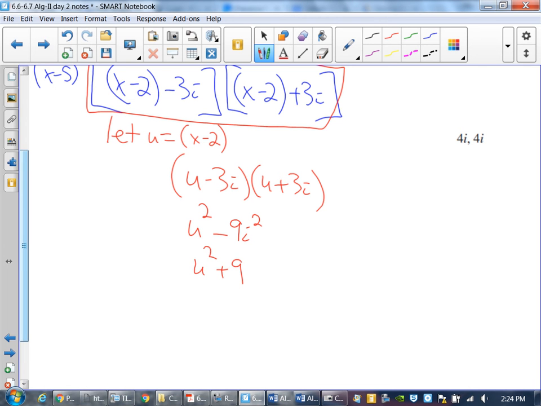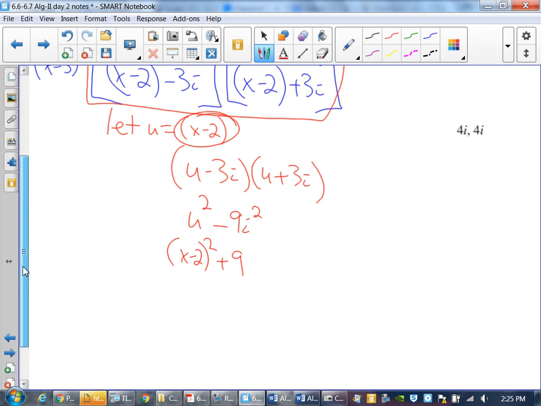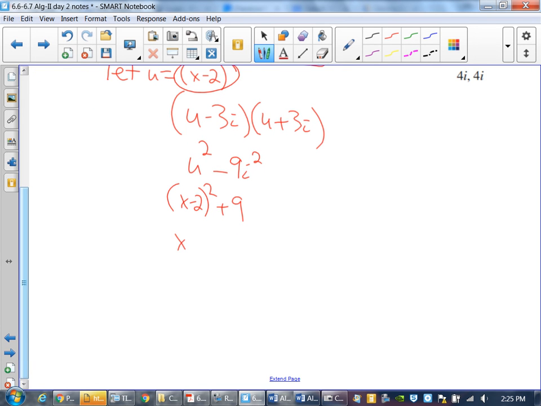Well, what is u squared? It is x minus 2 squared. FOIL it out. X squared minus 4x plus 4 plus 9. X squared minus 4x plus 13.